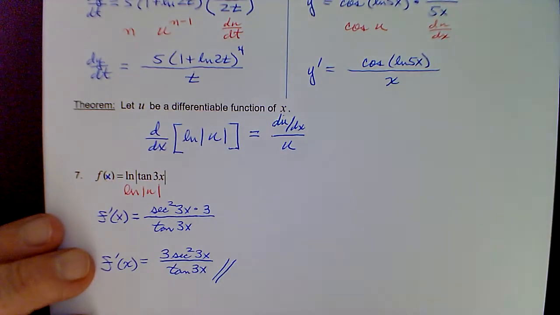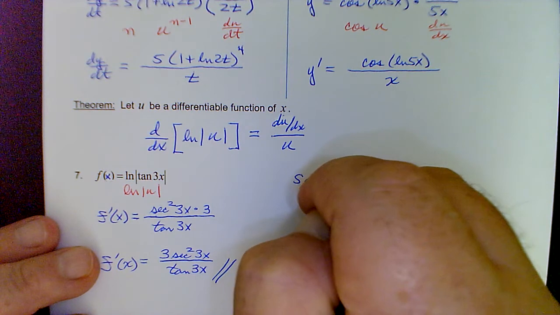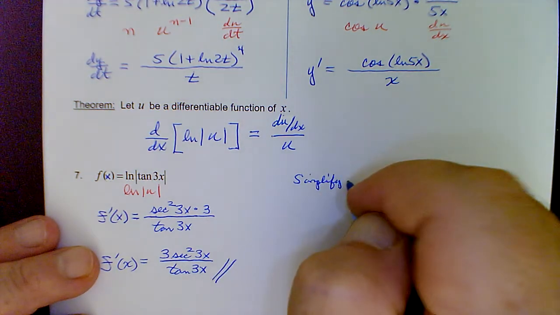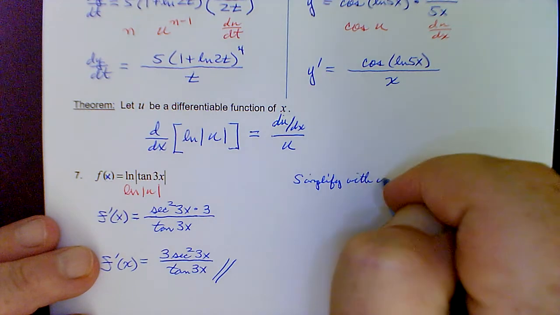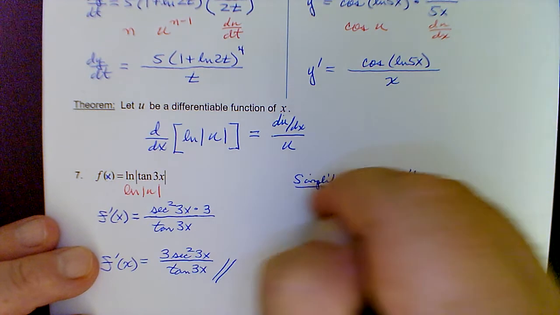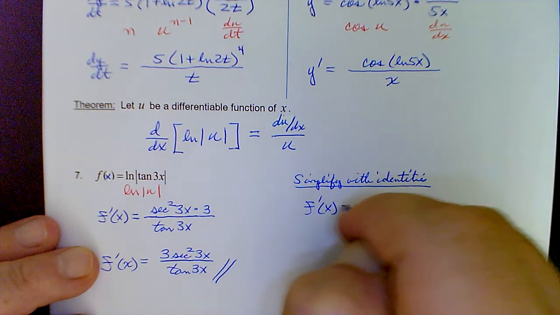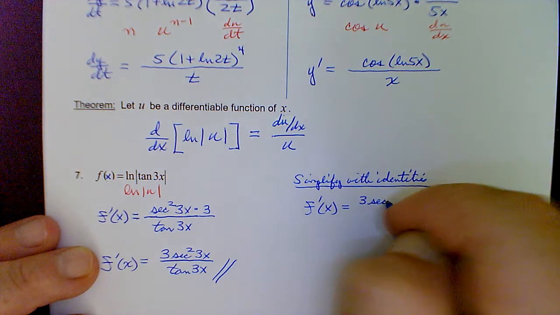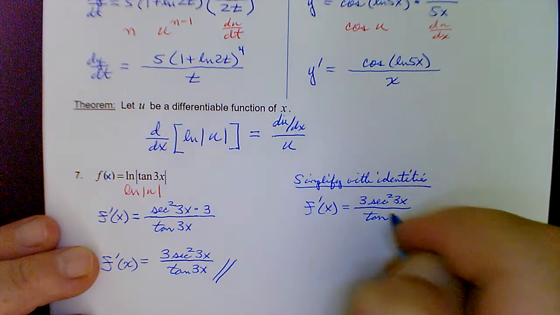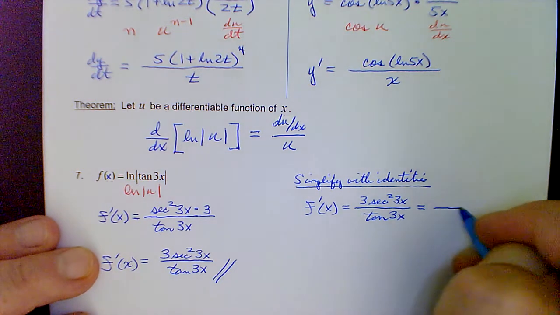But sometimes the textbooks will use identities. So let me go off to the side here and say I'm going to simplify. So remember, double bars are good enough, but simplify with identities. So starting with the answer that is again acceptable, 3 secant squared of 3x over tangent 3x. I'm going to change everything to sines and cosines.